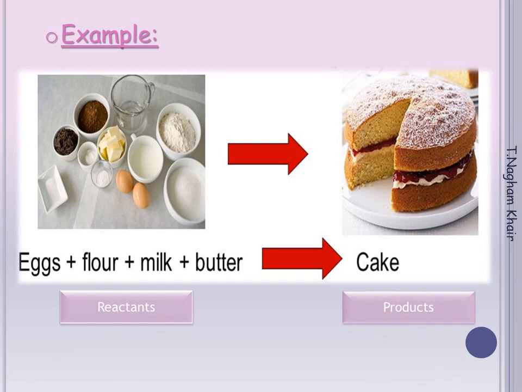The reactants are eggs, flour, milk, butter, etc. All the ingredients used. After putting them in the oven, they will give cake. So cake is the product. Can we return eggs, flour, milk and butter? No. So this is a chemical reaction.